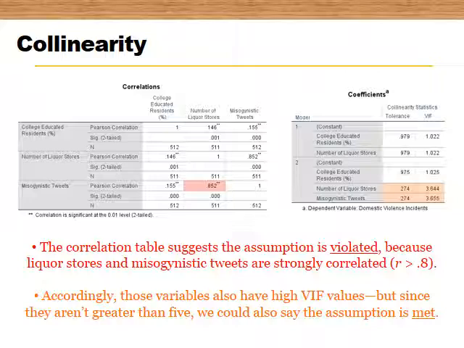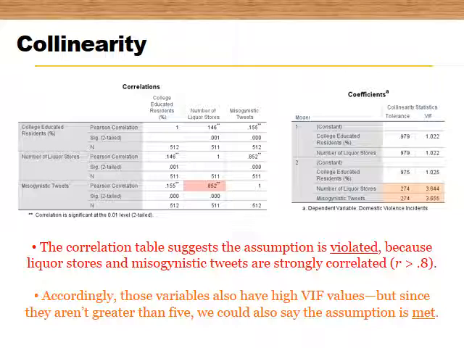So here we have a situation where our two ways of testing for collinearity actually give us different results. The correlation tables tell us we have concerns, the VIF values tell us we don't have concerns. So you could use either of these here, but your conclusion will depend on which one you use.